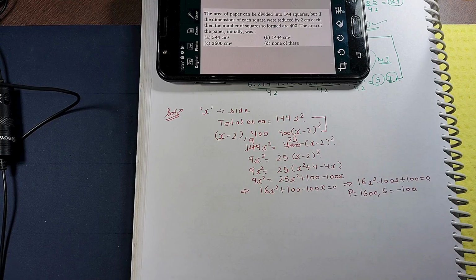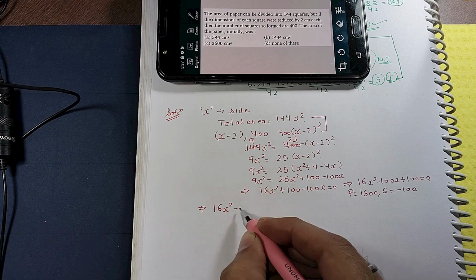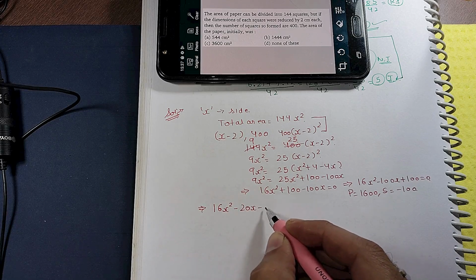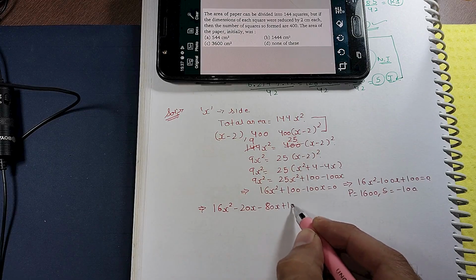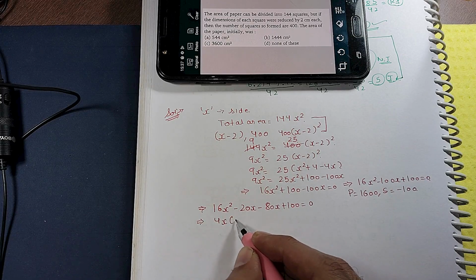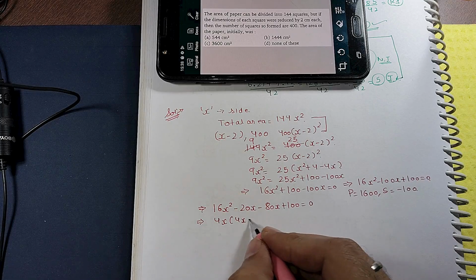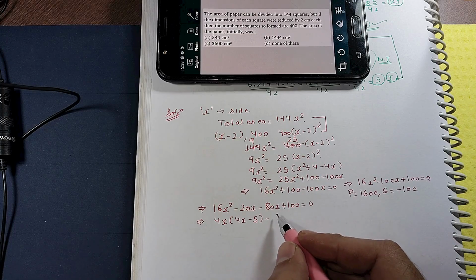So I can write this as 16x square minus 20x minus 80x plus 100 equal to 0. Now if I take 4x common, I would be left with 4x minus 5.